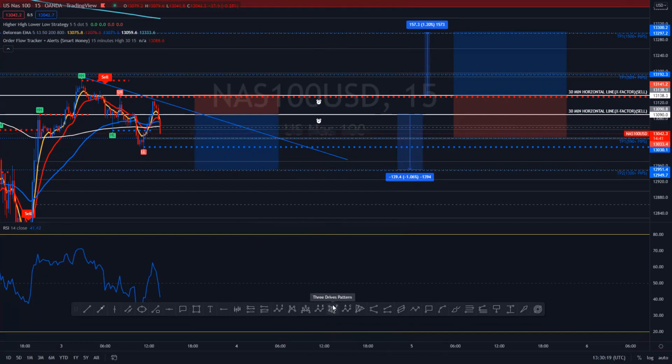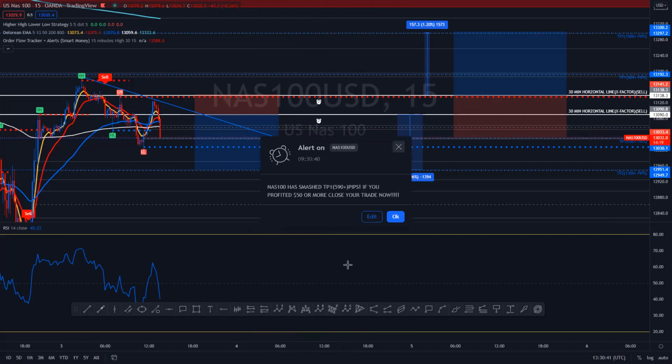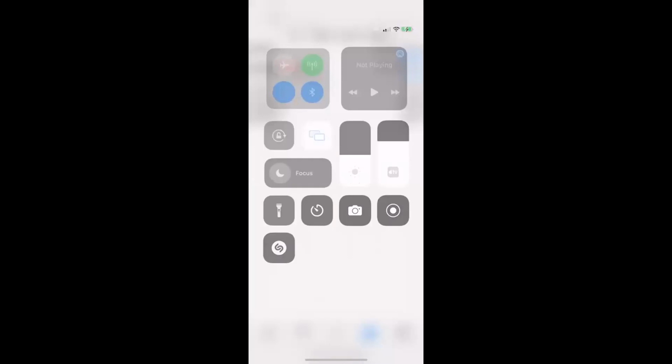Oh snap, it's dropping. Let me close my first partial trade, then I'm going to share my screen. Hold on. Let me get it quick enough. That's $65. That's good. Ooh, it's dropping. Smash first take profit. $65 profit.